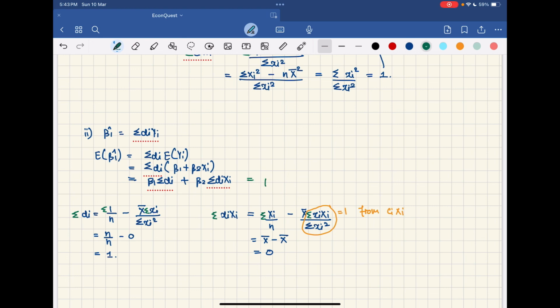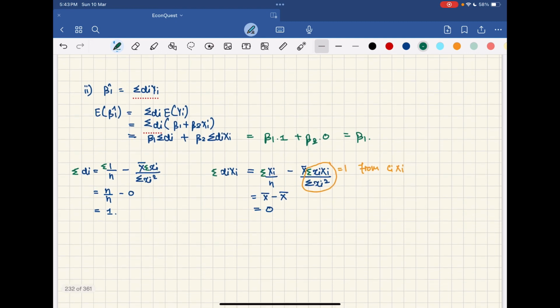So it means we have beta 1 times 1 plus beta 2 times 0 equals to beta 1.